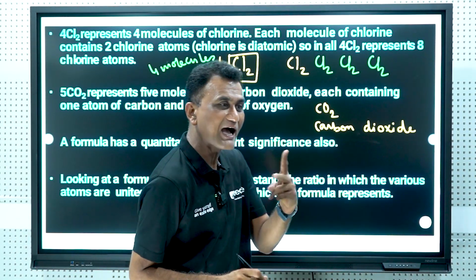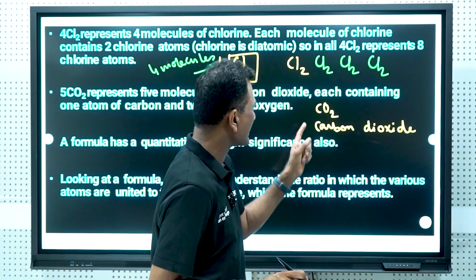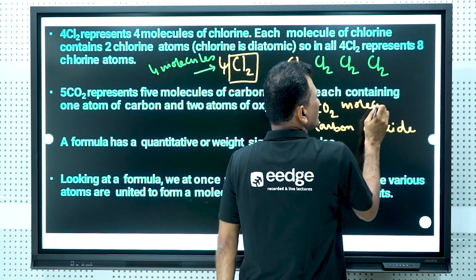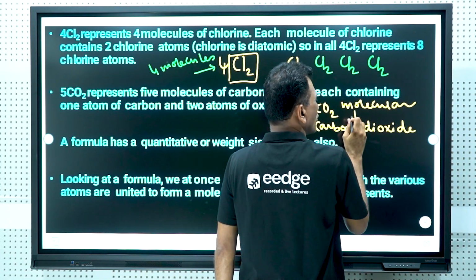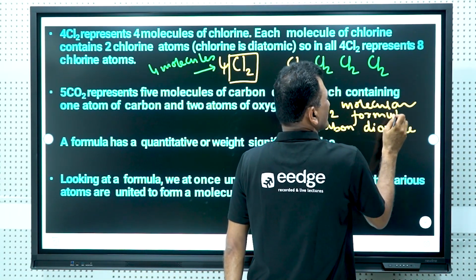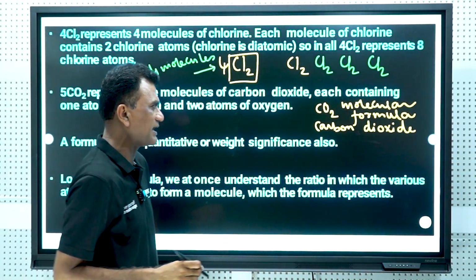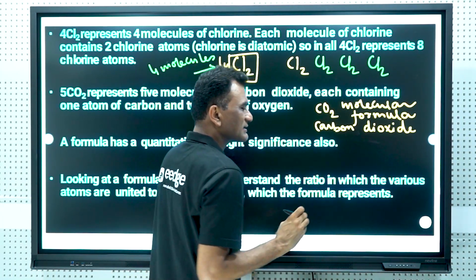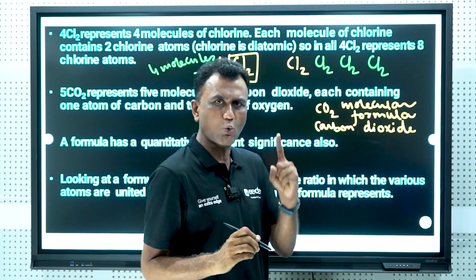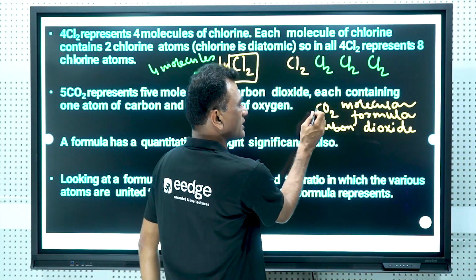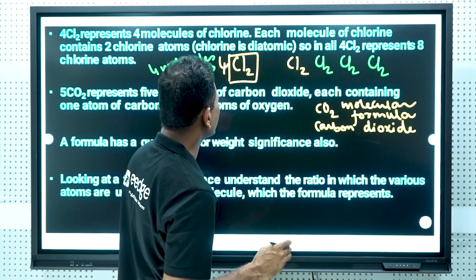Di means two. Dioxide means two oxygen atoms. This is the symbolic representation of the molecular formula of carbon dioxide. It means that a carbon dioxide molecule consists of one carbon atom connected to two oxygen atoms, right? We have one carbon atom and two oxygen atoms in carbon dioxide.